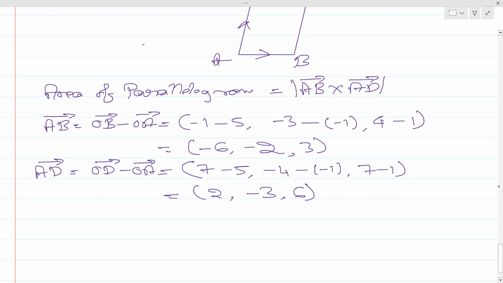After that, we are finding the area of parallelogram ABCD, which is the magnitude of the cross product of AB cross AD. That can be solved by the determinant.